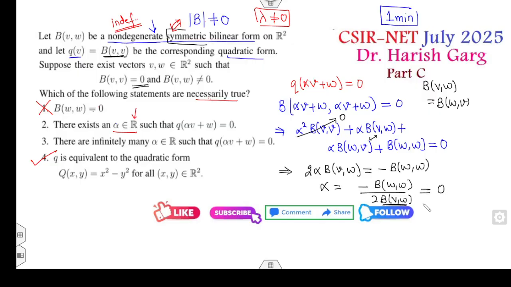That number may be 0 or may not be 0 depending upon whether B(V, W) is 0 or not. And this is the unique number because the degree is 1. There exists, yes, there exists. Infinitely many is not possible. The right answers are 2 and 4.